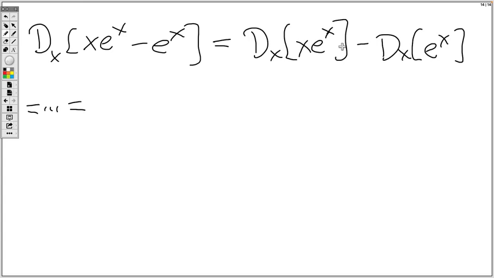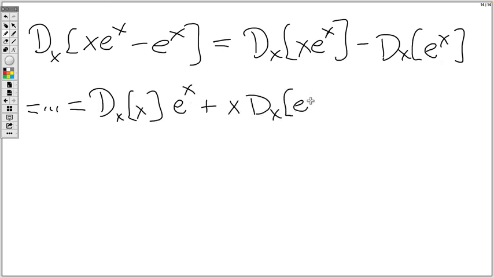Product rule. You can read it as x e to the x, but it's really x times e to the x. Times means multiplication. Product rule. Derivative of the first factor times the second plus the first factor times derivative of the second. And the derivative of e to the x is e to the x. That's the new rule. You follow? It looks like nothing happened to it, but it's its own derivative.